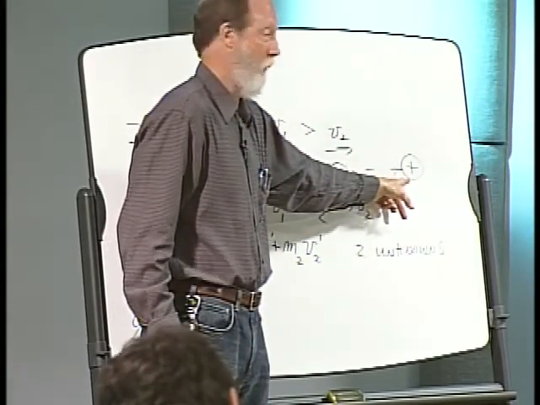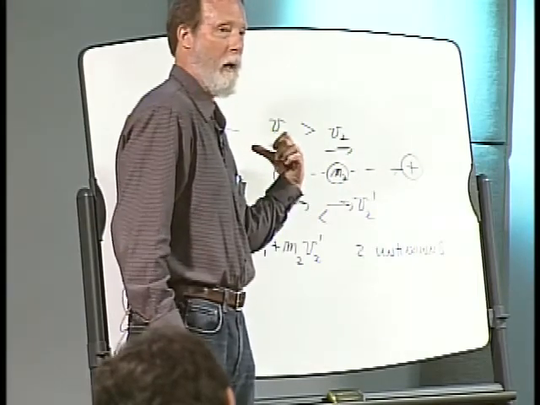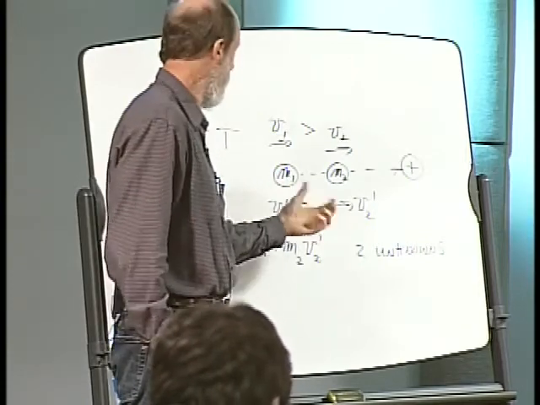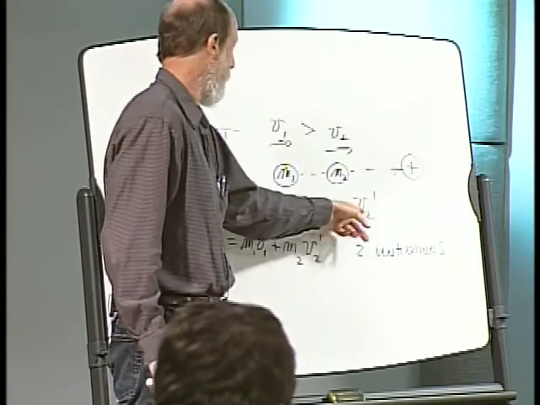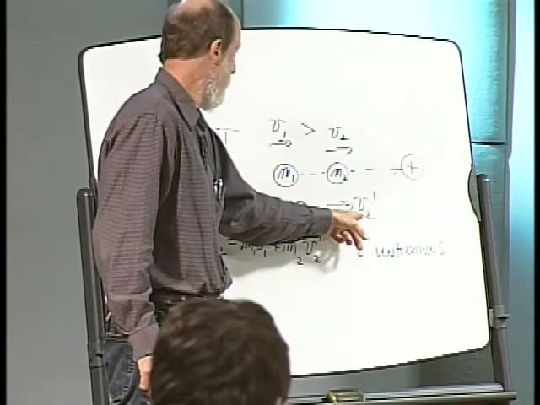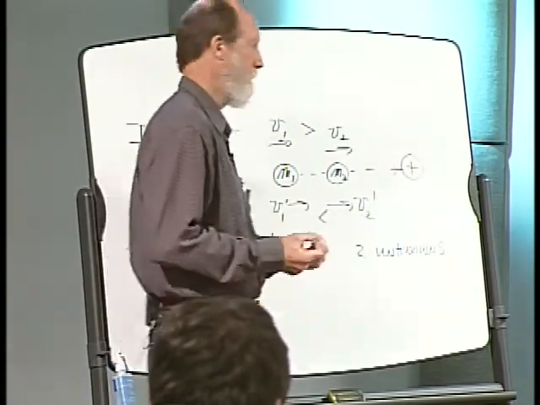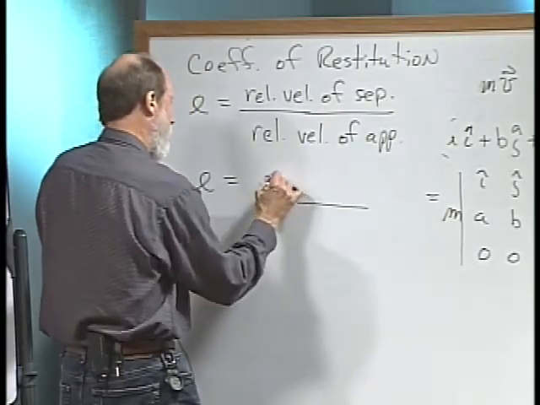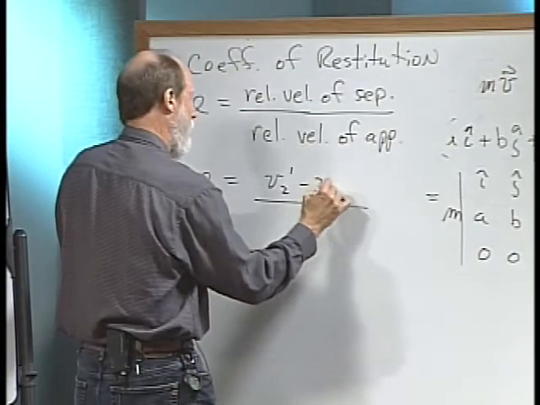So if one of these things gets bounced back the other way, don't treat it as positive that way. Be careful. What's the relative velocity of separation with the defined symbolism here? It would be the difference of the two, wouldn't it? So the relative velocity of separation would be v2 prime minus v1 prime.